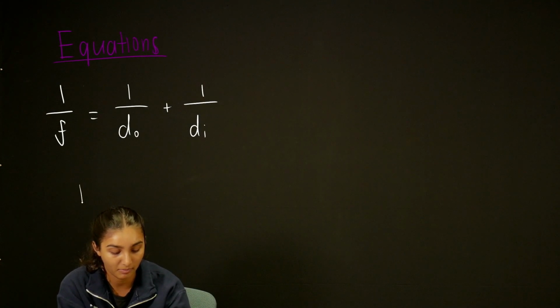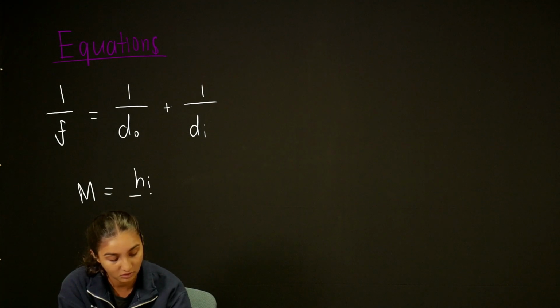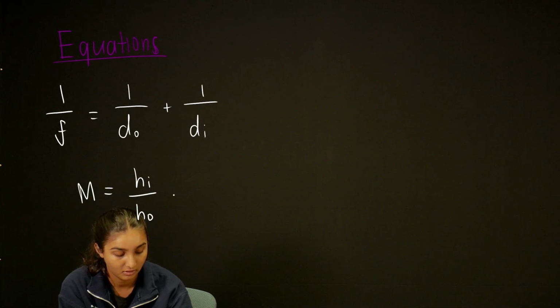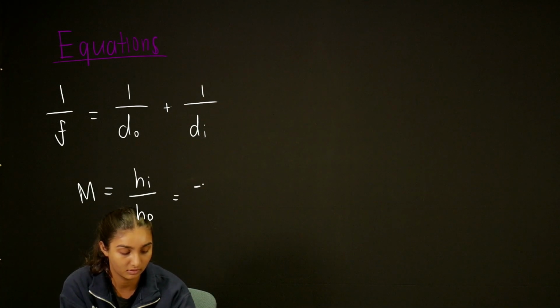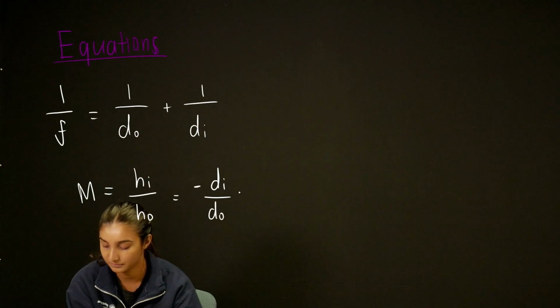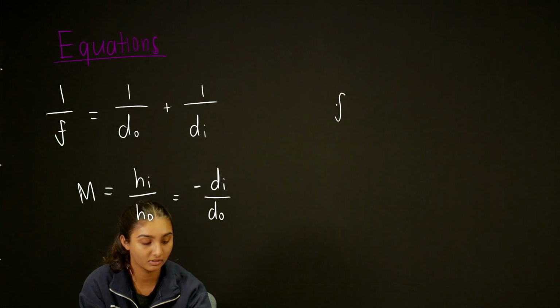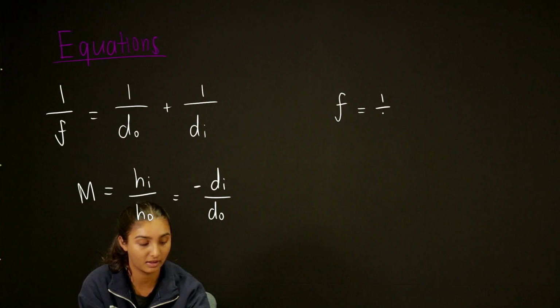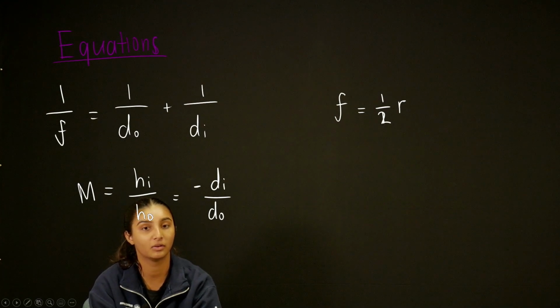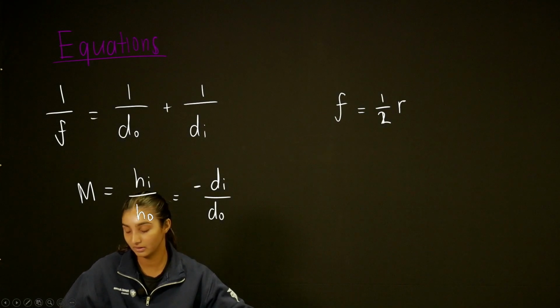We also have magnification equals the height of the image over the height of the object, which is also equal to the negative distance of the image over the distance of the object. And the last thing we have is the focal length equals 1/2 r, where r is the radius of curvature. So now we're going to use some of these equations for one of our problems.